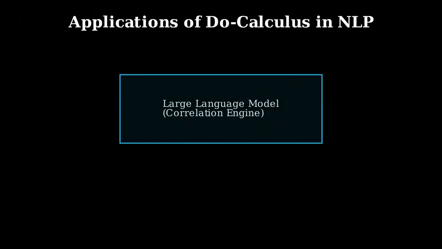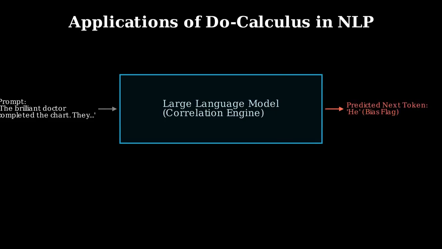Do calculus is no longer confined to epidemiology or econometrics. It is rapidly becoming a foundational asset in natural language processing. Current state-of-the-art large language models are essentially massive statistical correlation engines. They memorize structures over massive web corpora and predict subsequent words based on matching passive historical trends.